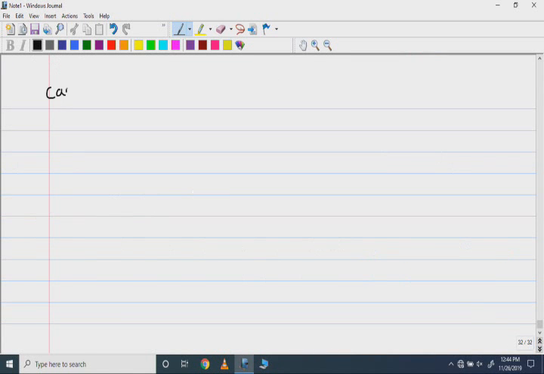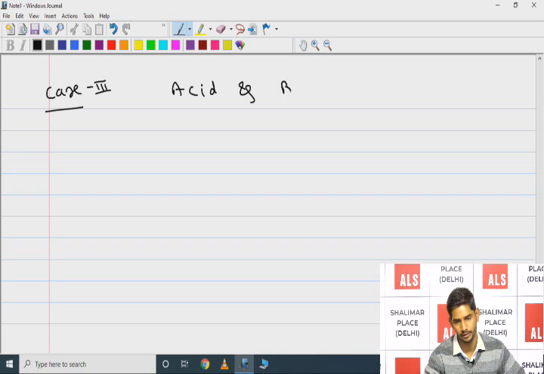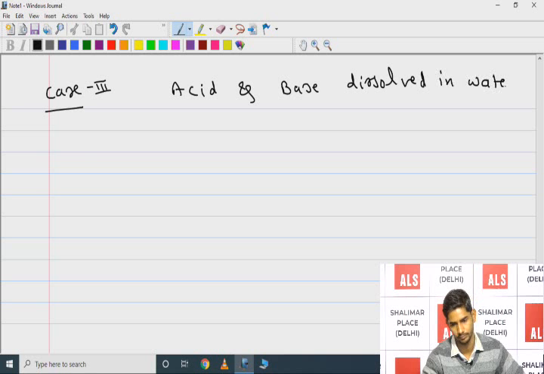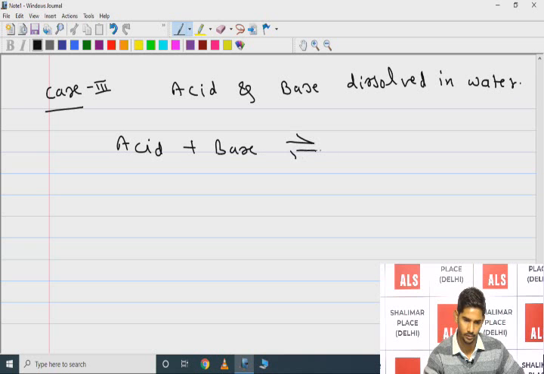Case 3. Acid and base dissolved in water. Here the two possibilities are, first of all, acid plus base on treatment can give you what? Salt plus water. So there are two possibilities.